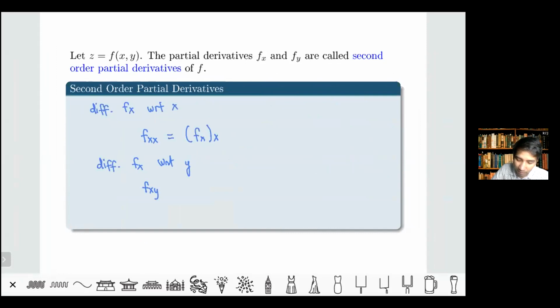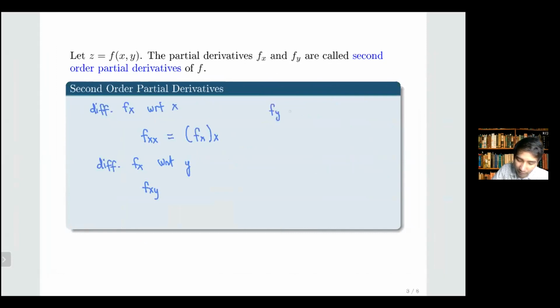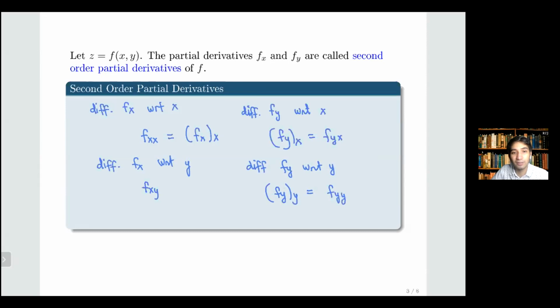So, halimbawa, yung fy, if you differentiate this with respect to x, we're differentiating fy with respect to x. So, ang notation natin ay fyx. And finally, yung huling second partial derivative natin. So, we want to differentiate fy with respect to y. So, yung notation natin ay fyy. Okay? So, ito siya.